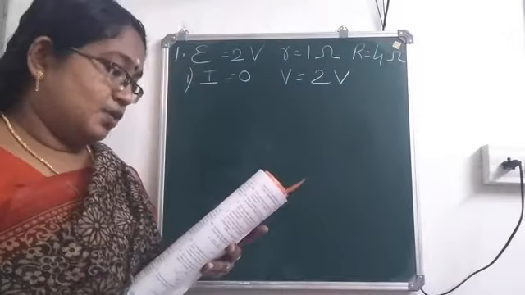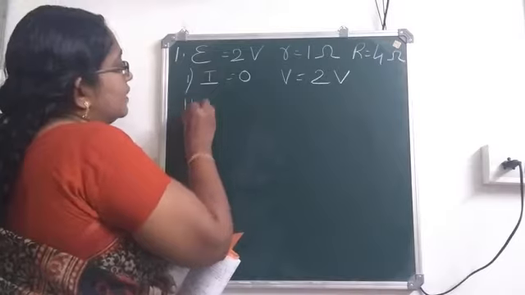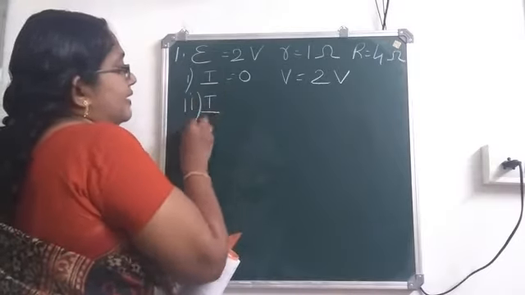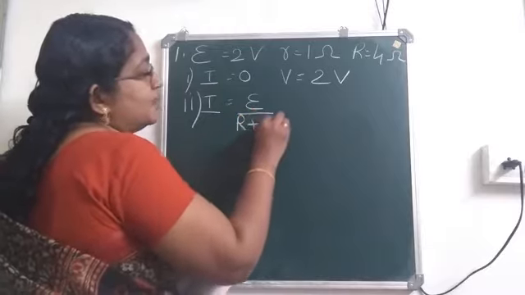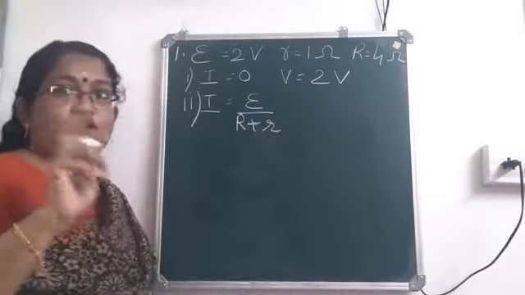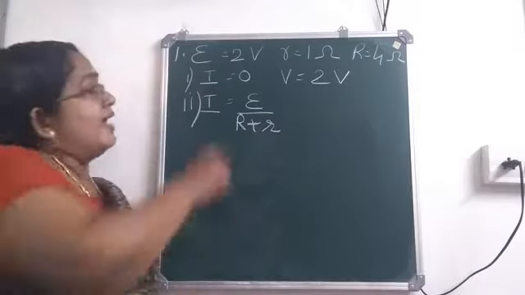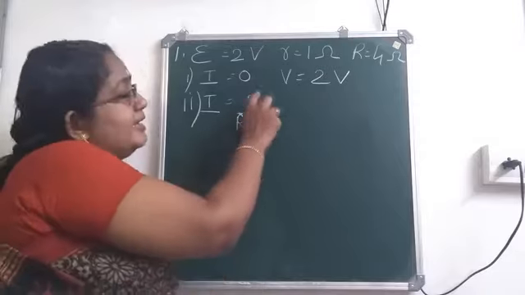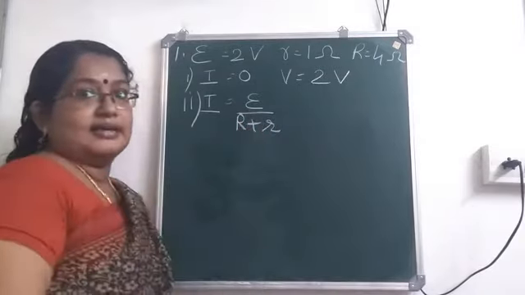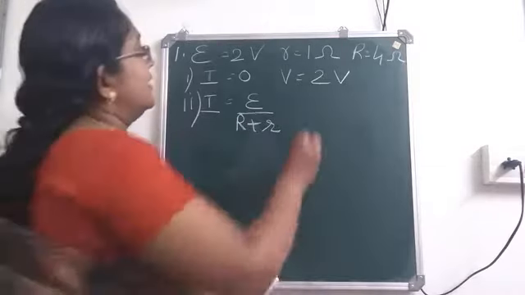Okay. Now next one, when the key is closed. I told you, what is the equation? We are using Ohm's law. V equal to IR. So I is equal to V by R. Here instead of V, we are taking the EMF. I is equal to EMF by R plus r. For current you have to take internal resistance and external resistance.